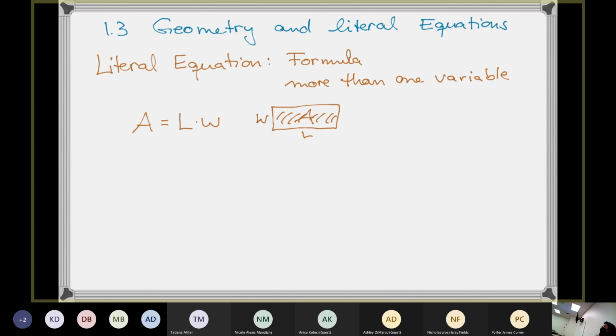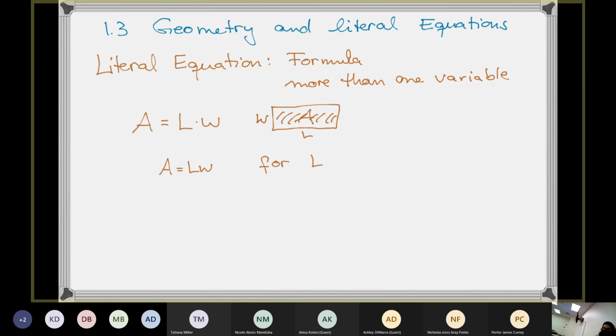So when we're talking about literal equations, sometimes you're being asked to rearrange the equations without any numbers present. So if you have the formula A is L times W, and you are supposed to solve for L, how do you do that? In other words, get L by itself.